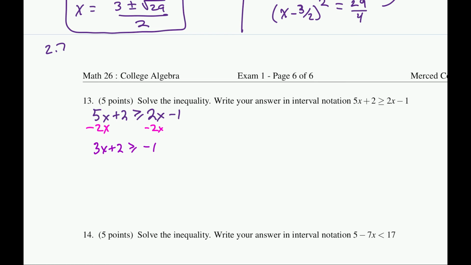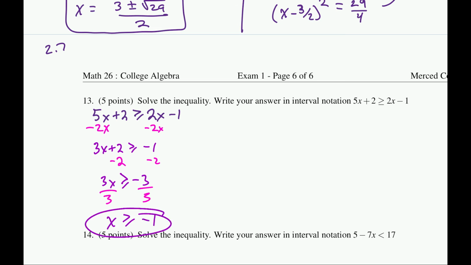So I should subtract 2 from both sides. 3x is greater than or equal to negative 3. And then I should divide both sides by 3. And I get x greater than or equal to negative 1.